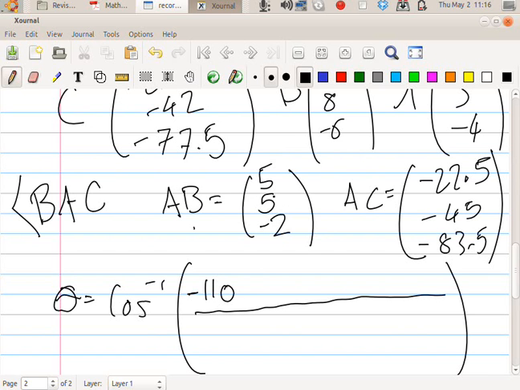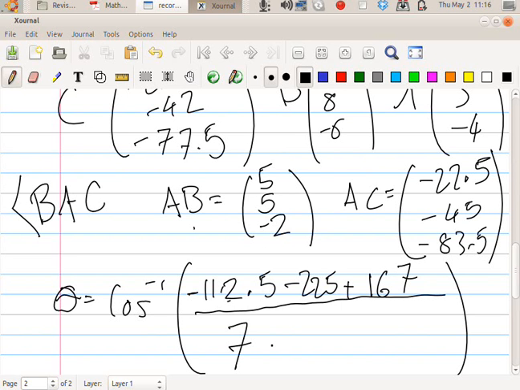No, here, 5 times 22.5 is negative 112.5. Thank you. And next? Negative 225. And finally, positive 167.